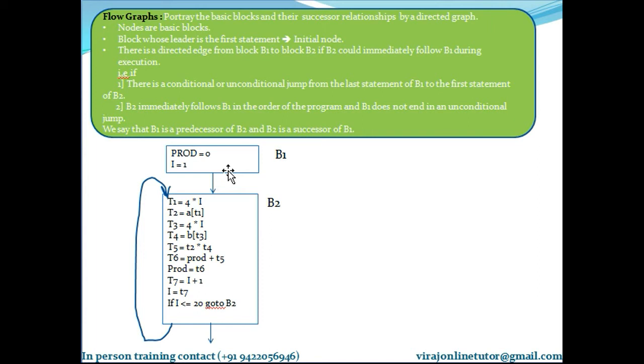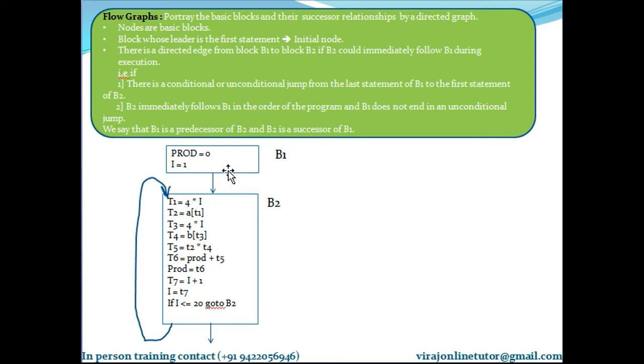There is a directed edge from block B1 to block B2 if B2 could immediately follow B1 during execution, that is, if there is a conditional or unconditional jump from the last statement of B1 to the first statement of B2.